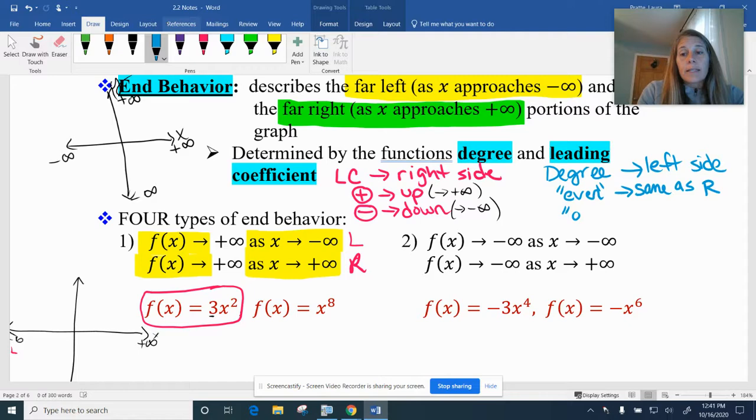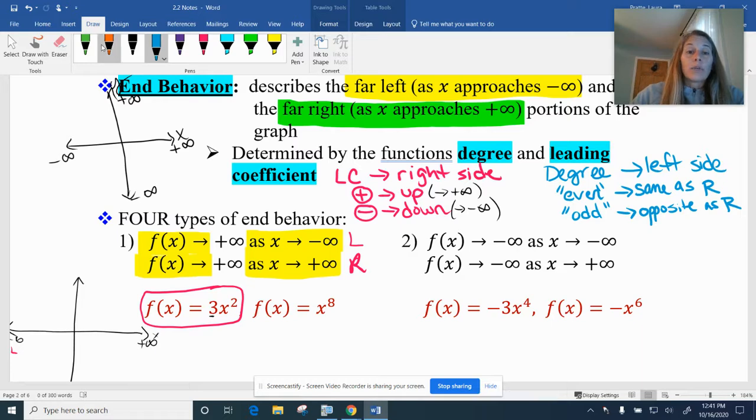If your degree is an odd number, like 1, 3, 5, 7, 9, then your graph is going to do the opposite as the right. Okay, so we have to determine the right side first using the leading coefficient. And then after we've determined the right side, we use the degree to determine the left side. Is it the same or different, same or opposite as the right?